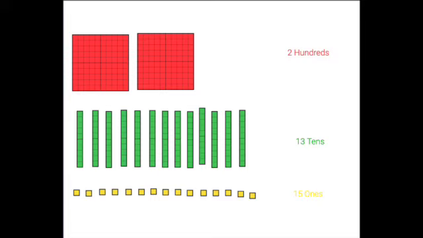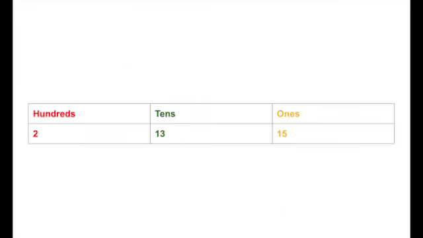Keep in mind that there are 10 tens that make up 100, so having 9 of them now in the tens place, adding to the 4, 4 plus 9 gives you 13, and that extra 10 moved down to the ones, so the 5 plus 10 would be 15. Here we can see now that we have 2 hundreds, 13 tens and 15 ones, and this is what the equation will look like.